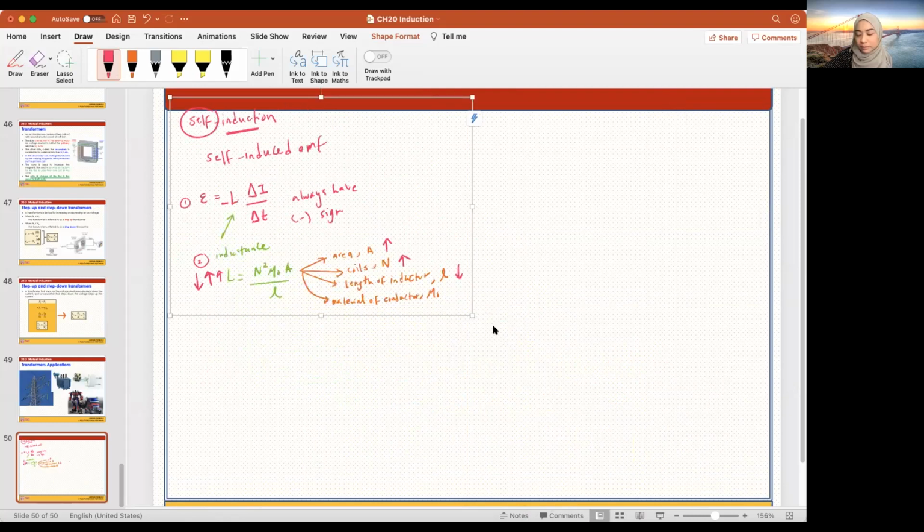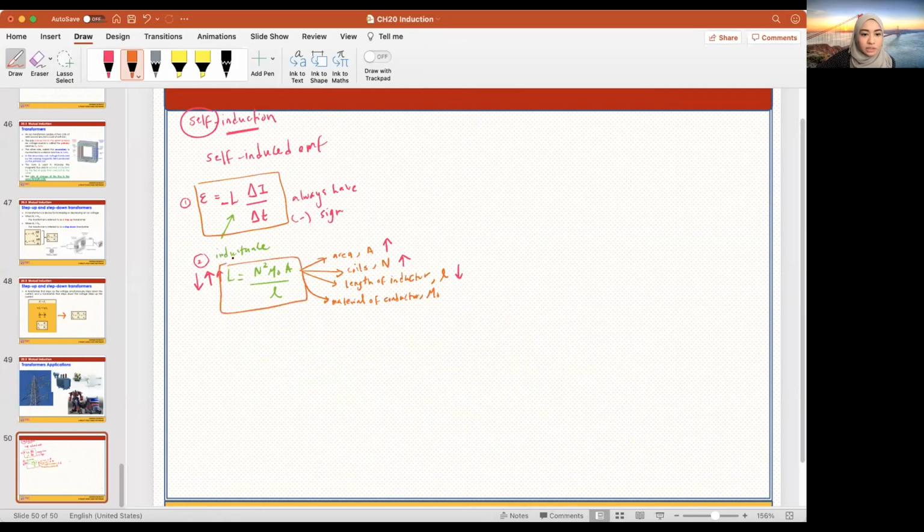Okay, so now we want to know how we determine the direction. Look at the EMF equation. This is our second equation. The first equation says that only if I have a change in the current over time will I get induced EMF, a change in current within the system itself.